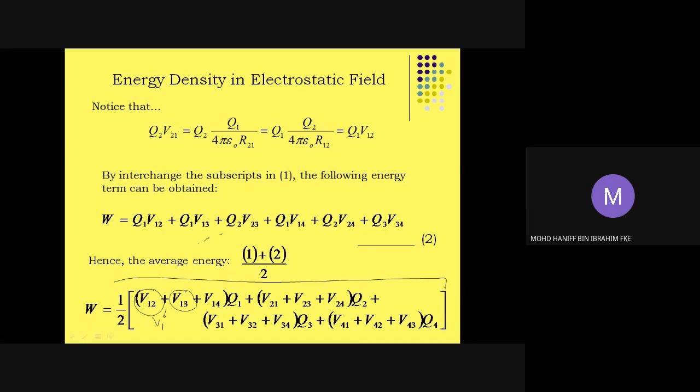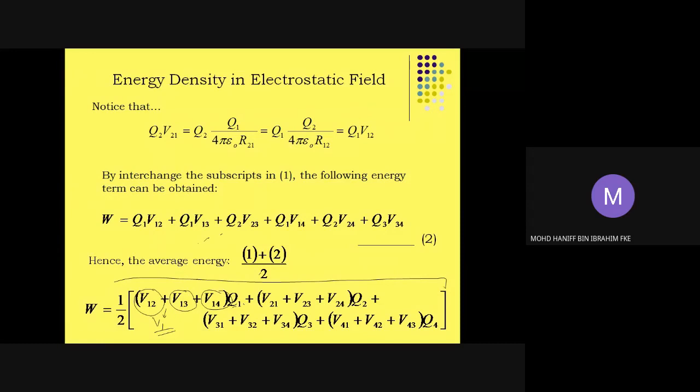V13 is the potential at charge Q1 due to charge Q3. V14 is the potential at charge Q1 due to charge Q4. So in general, this will be the total potential incurred on charge Q1, and we can write it just as V1, which is the potential at charge Q1.